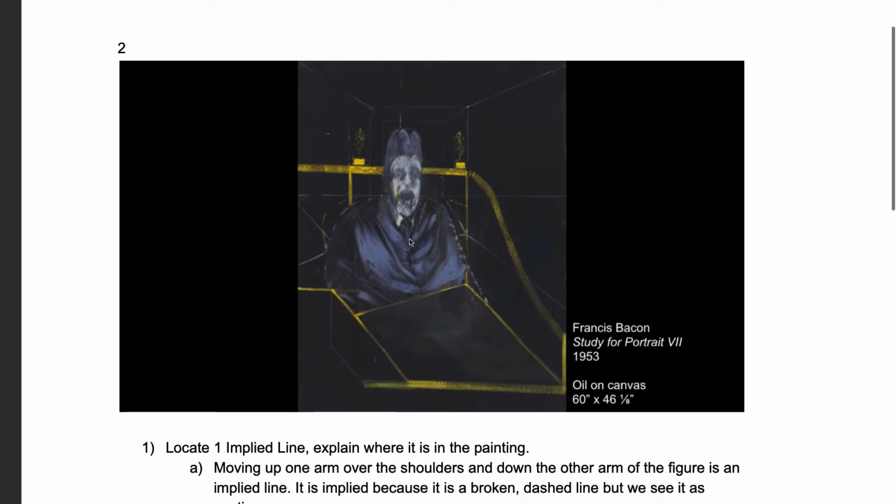Contrast is part of a value pattern. Contrast is the difference between black and white, or two values. So what is the degree of difference? If you were to isolate the shirt here, or whatever this dude's wearing, we have relatively low contrast, where the darkest dark and the lightest light are closer together.